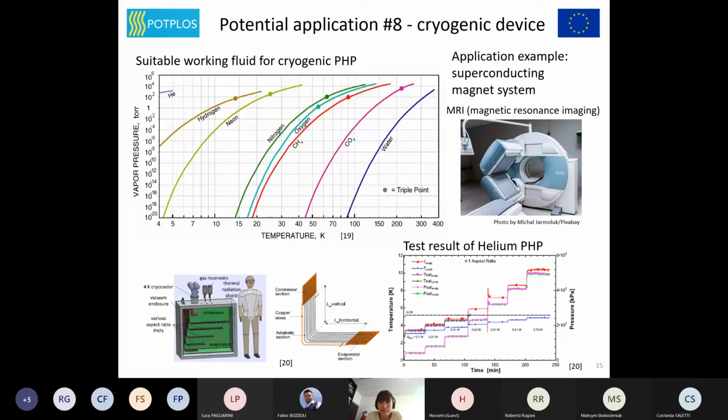In these PHPs, the operating temperature can range from a few Kelvin to several tens of Kelvin. For example, the image shows a helium PHP and its test result. The evaporator temperature changes from 3 Kelvin to 10 Kelvin, while the heat input is increased from 0.1 watt to 0.7 watt.